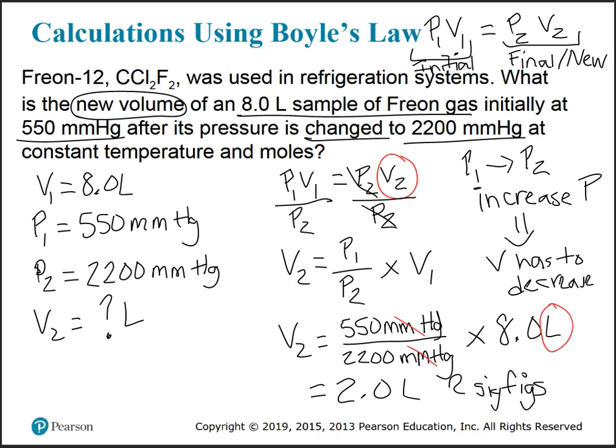When we look at our V1, it's 8. Our V2 is 2 liters. So yes, it decreased. So we should always make sure that your logic and your math add up. If they don't agree, then you need to revisit the problem.